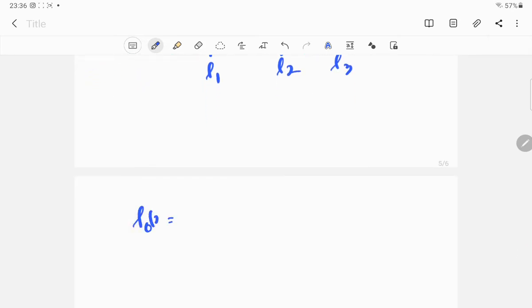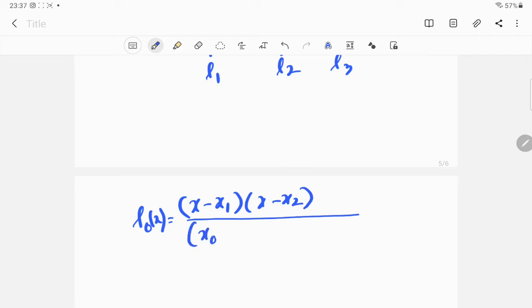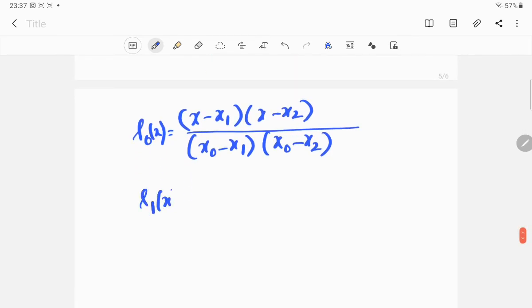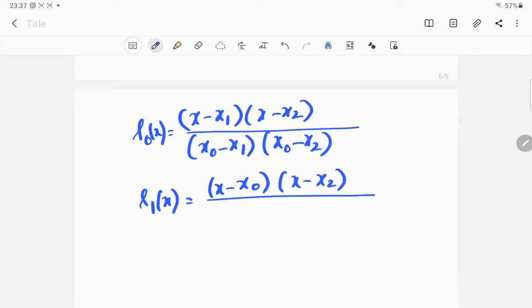L0(x) is equal to, first of all, x minus x1. Obviously x0 will not be there because it is already 0th order. And then we have x minus x2. Then you have x0 minus x1, x0 minus x2. Similarly, we have L1(x). So we have x minus x0. We can't have x minus x1 because it is already i equal to 1. So x minus x2.